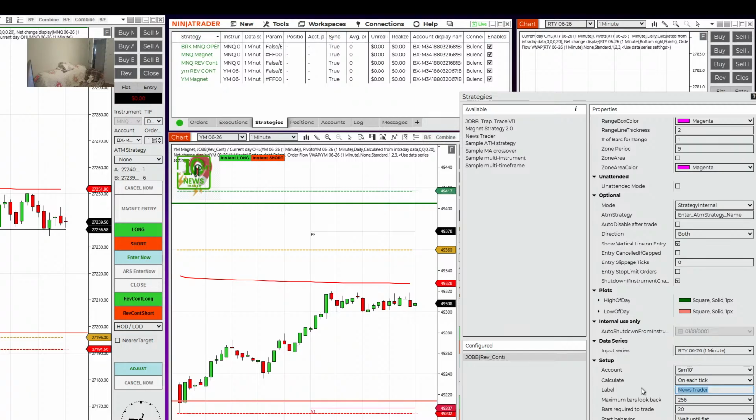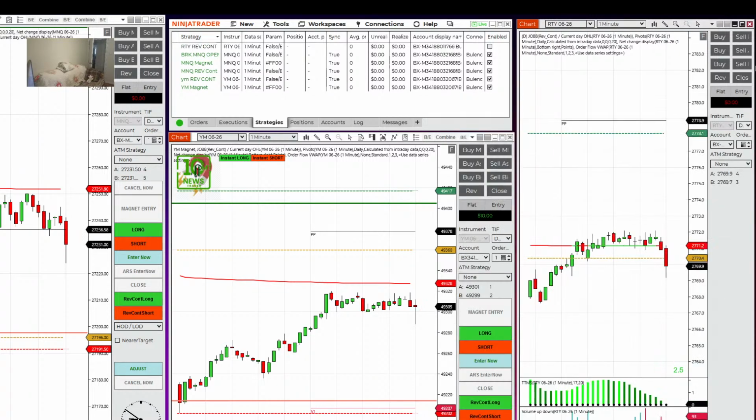We're going to label it RTY reverse continue. And we're going to trade it in our best funded account, number 66. Apply it. OK it. Make sure chart trader is on 66 for the RTY. So that's trade number 1.